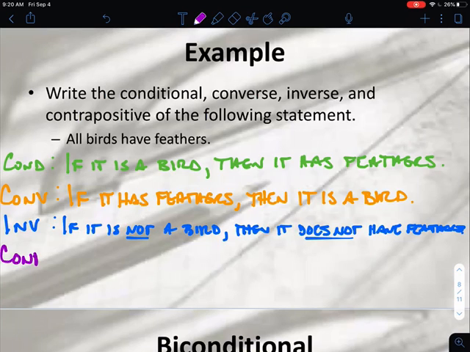Our last statement then is the contrapositive. In the contrapositive, again, we can flip the inverse, negate the converse, or do both things to the conditional.